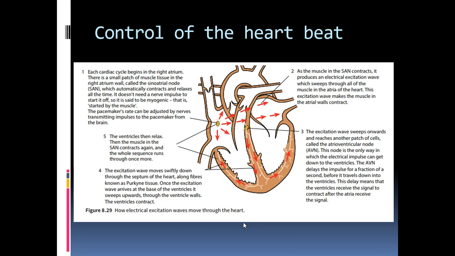Okay, and this is done by two unique and specialized tissues that are located on the wall of the atria and on the wall of the ventricle, right? So the first tissue is known as the SAN, or the sinoatrial node. Okay? So the sinoatrial node is also known as the pacemaker. Okay, because the sinoatrial node is the one that will set the rhythm for all other cardiac muscle.